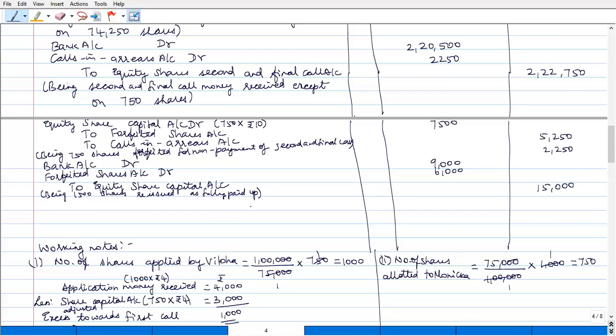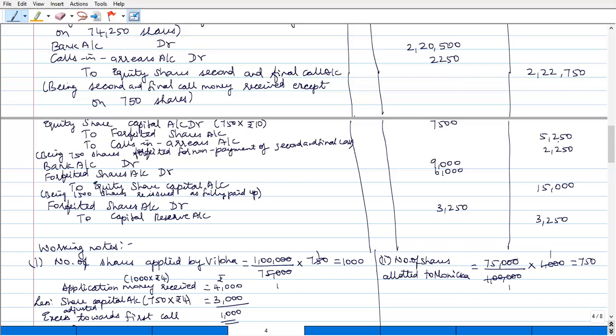Now we will have some amount left over in the forfeited shares account. So what has to be done for that? This amount in the forfeited shares account is actually a gain for the company, so this gain has to be transferred to capital reserve, which will be the last entry for this sum. So forfeited shares account debit to capital reserve. Amount is 3,250. We have to consider both forfeited shares account.